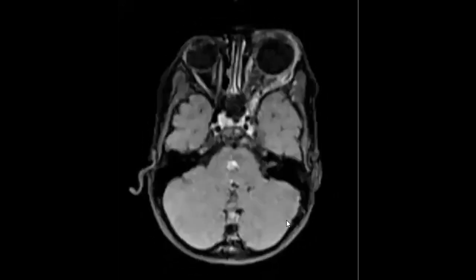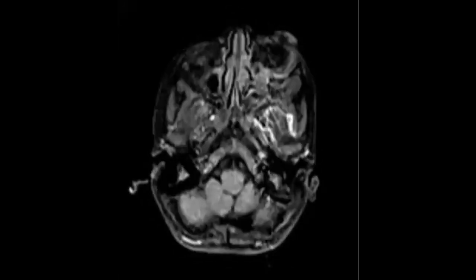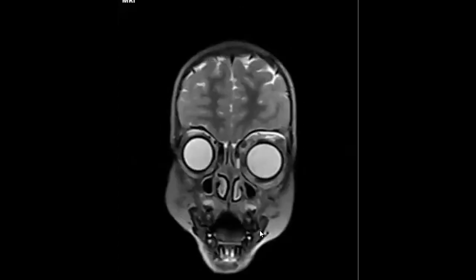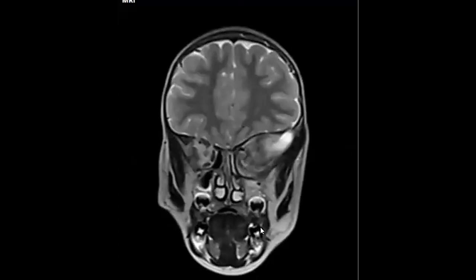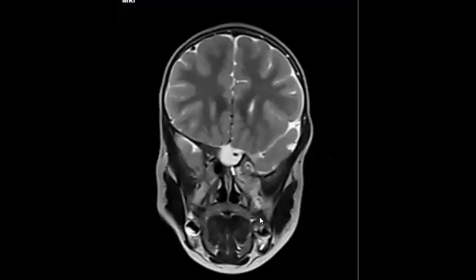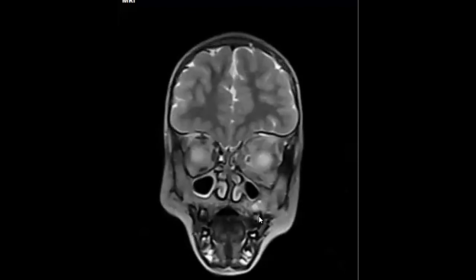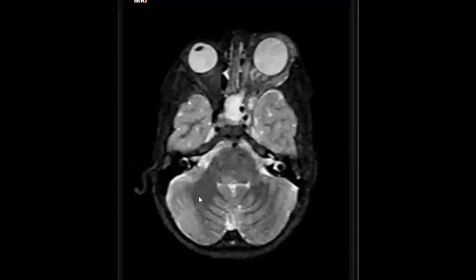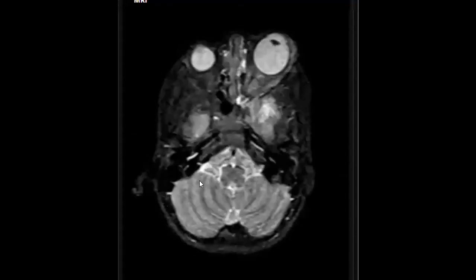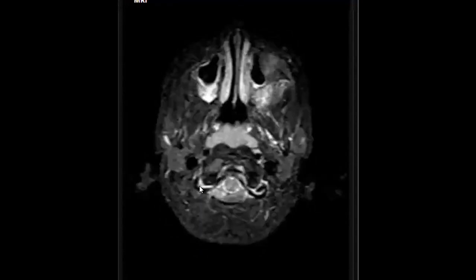Young age, yeah. Maybe more images. Let's have the coronal T2. In the MRI, maybe it is not very easy, but let's see more images until you figure out what is going on.